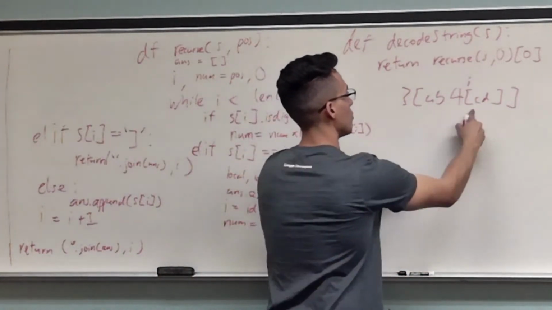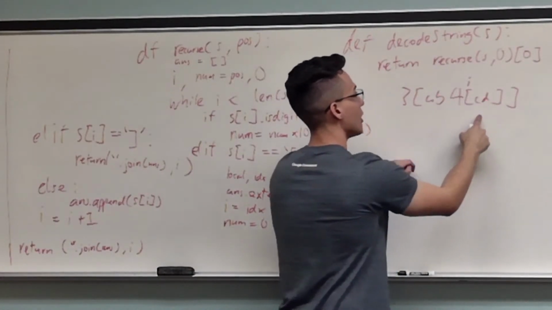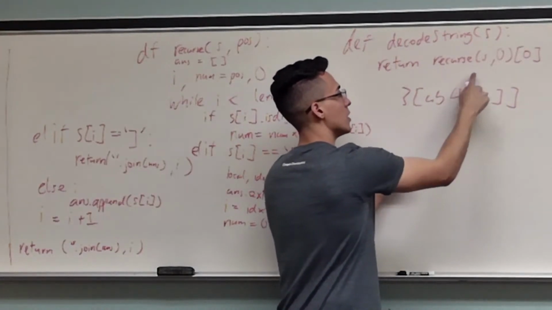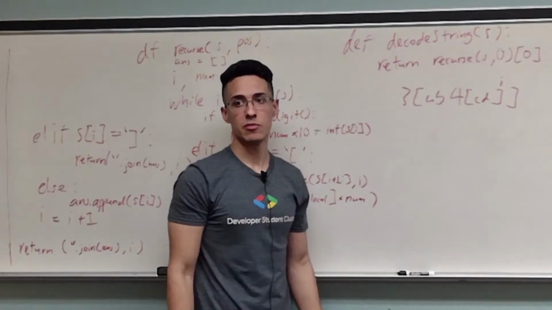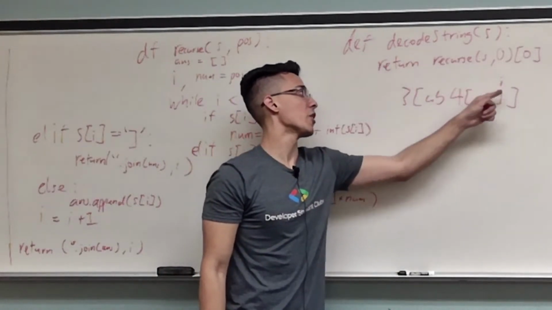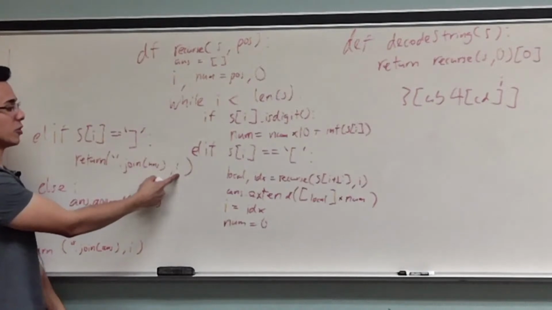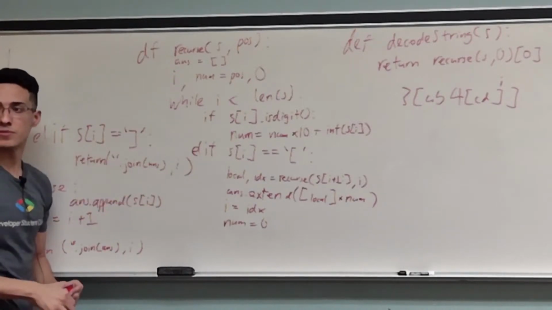And then what we do is that we recursively call it, and then instead of moving i up by 1, we want i to end up here. That's the point. We want to change it to go all the way here, skipping all of these values. And that's why we return it here as a tuple. Okay?